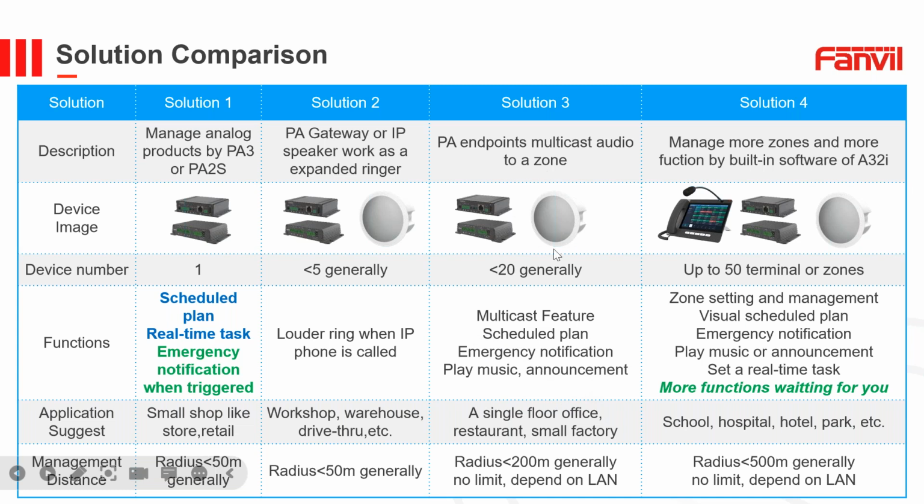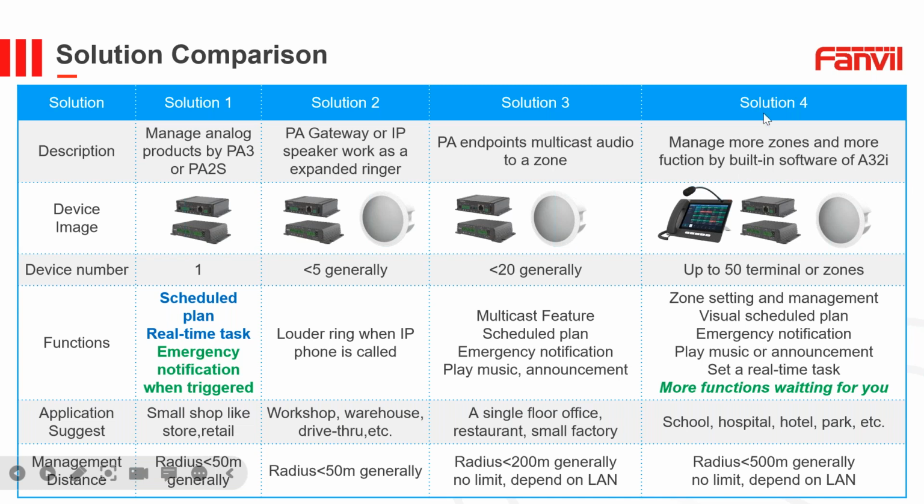So solution 3 is suitable for a single floor office, restaurant, and some scenarios like a small factory. Generally, the radius of the system is less than 200 meters. In fact, it is not limited. It just depends on the local network.